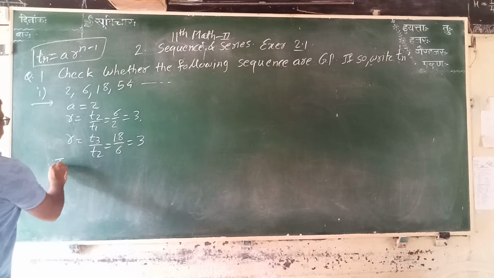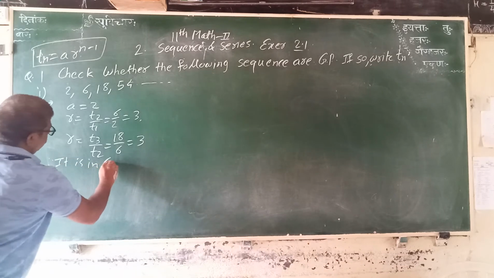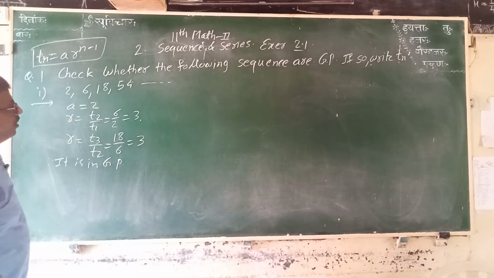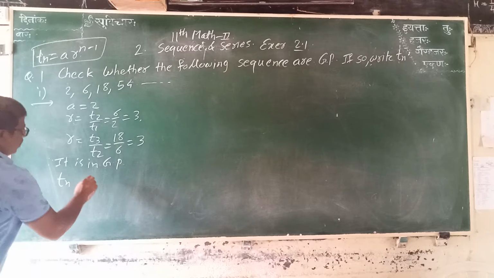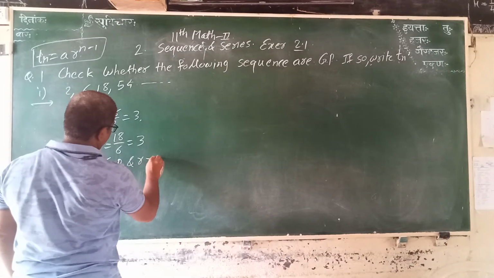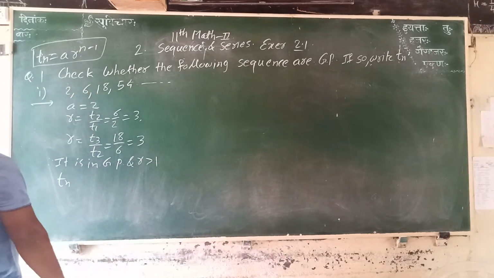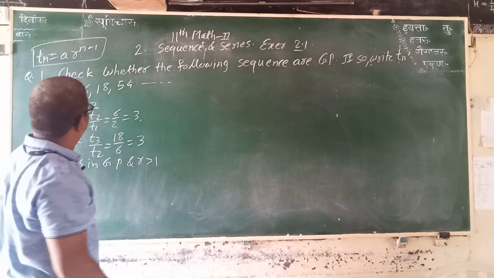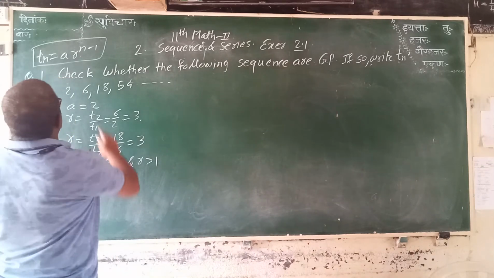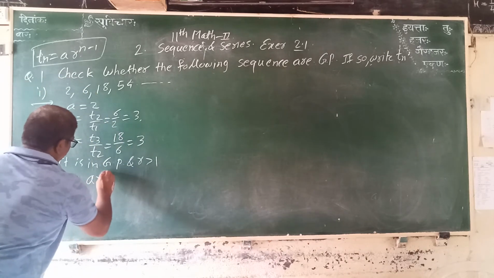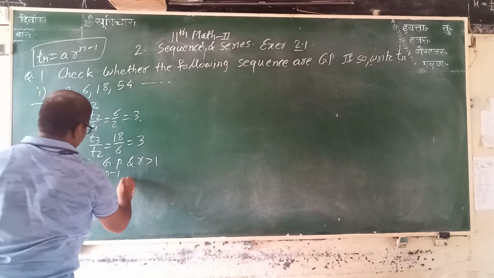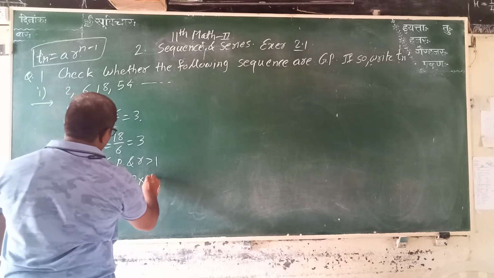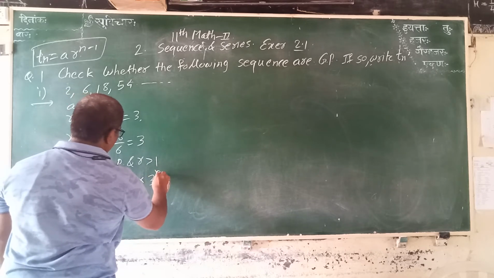Therefore, it is in GP. Now we write the Tn here, and r is greater than 1. Therefore, Tn is equal to a into r raised to n minus 1, where a is 2 into r is 3 raised to n minus 1.